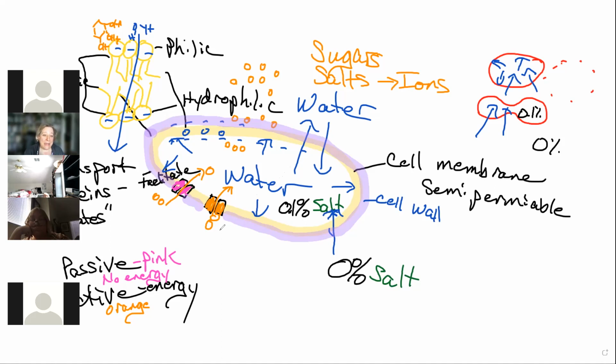Now, what if we introduce this bacterium to an antibiotic that causes holes in the cell wall? What's going to happen? Any ideas?